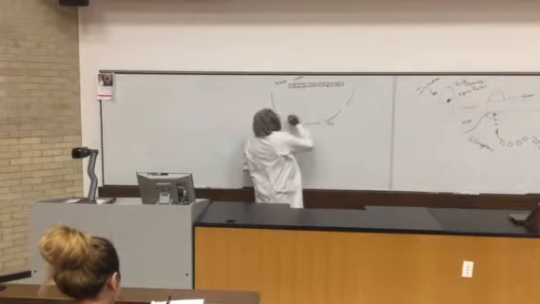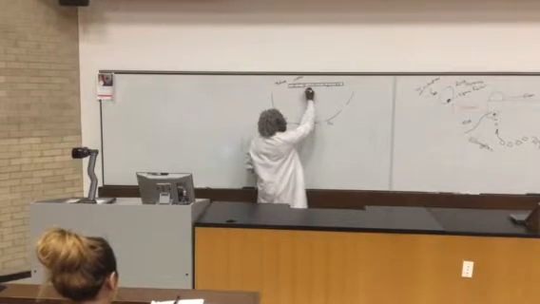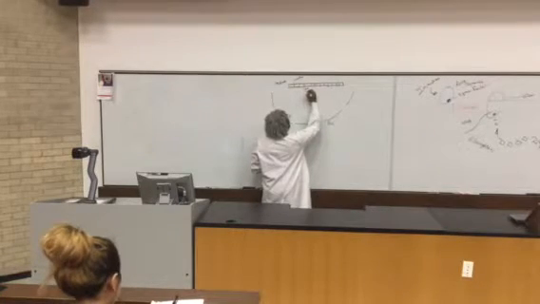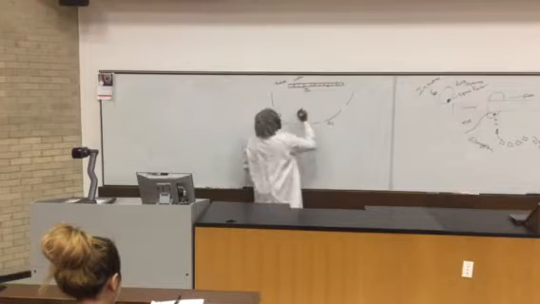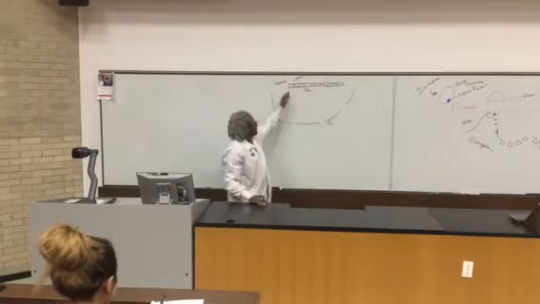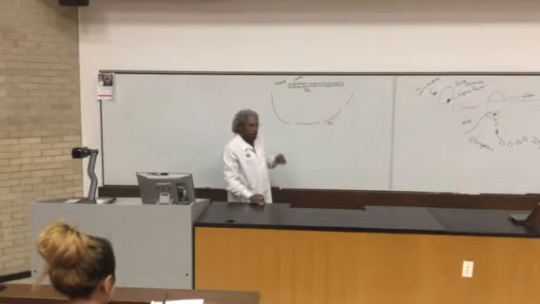Exons are useful. Introns are junk, or non-coding. Okay, so we have to process this out. So what has to happen to this molecule for it to be processed?